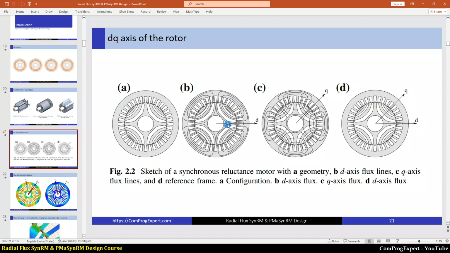So the d-axis is when the stator field has the minimum reluctance in front of it, and the q-axis is when the stator field experiences the maximum reluctance or maximum magnetomotive force drop.